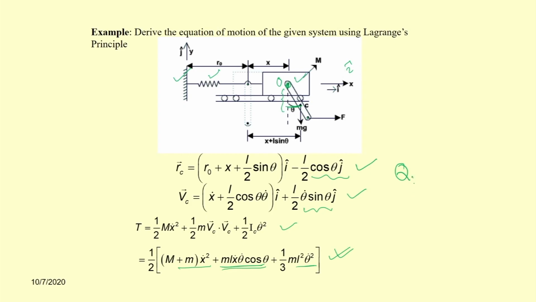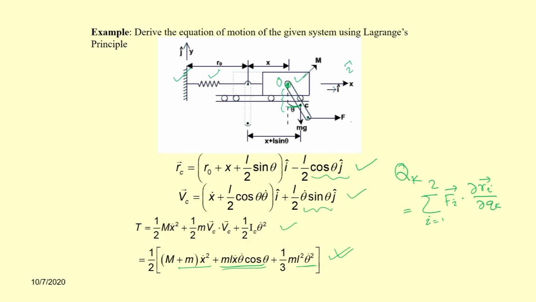You know the formula: Q_k equal to summation i equal to 1 to n, which in this case is 2, of F_i dot del R_i by del q_k.